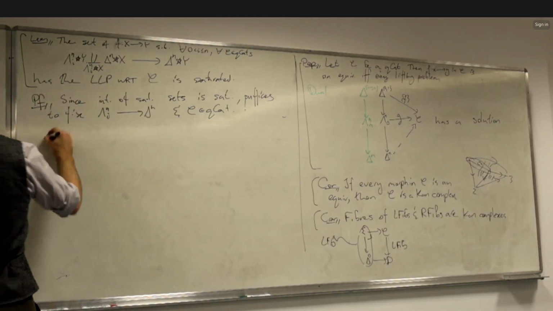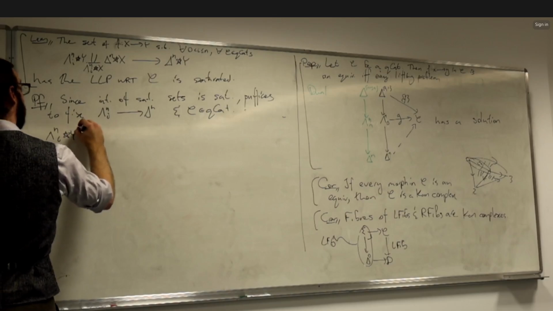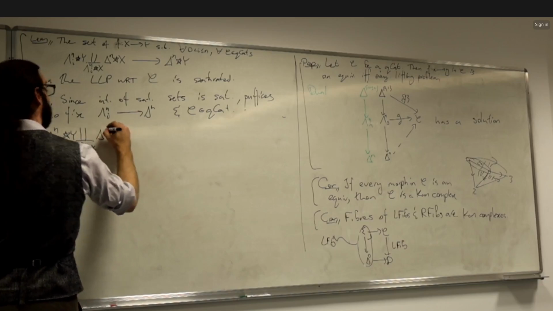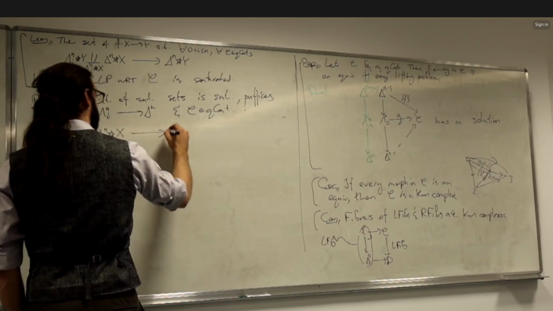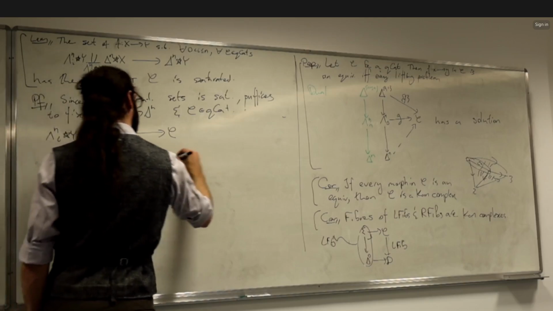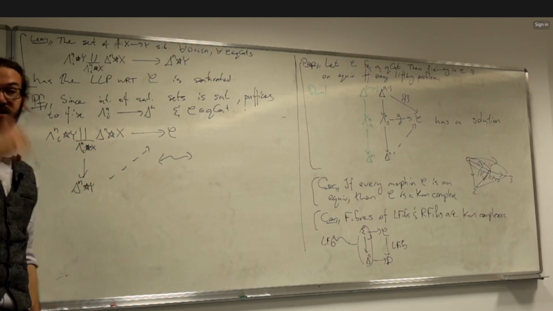So we want to solve lambda n i star y coproduct lambda n i star x to c. We can pass to an adjoint lifting problem where now we're moving the lambdas and deltas over to the other side.